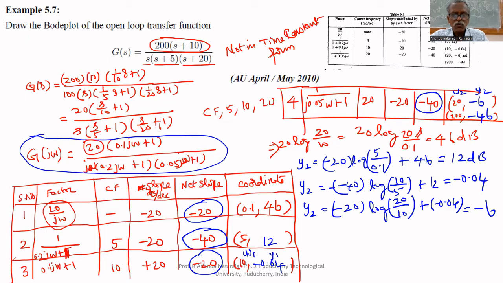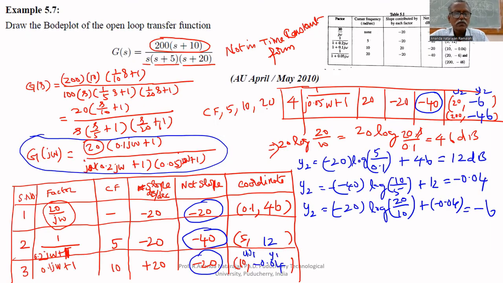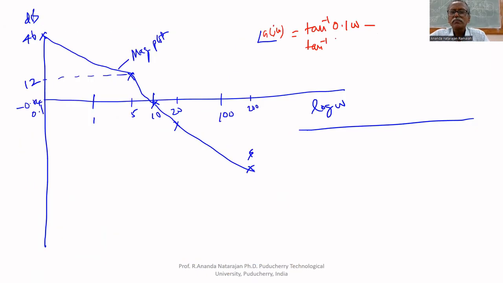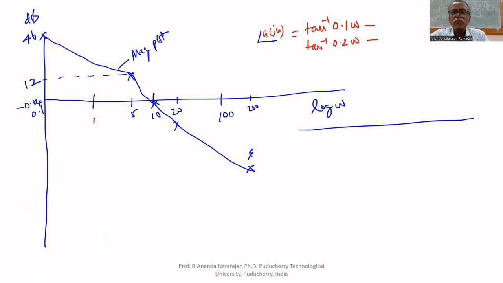Here tan inverse of 0.1 omega by 1, tan inverse of positive 0.1 omega, minus tan inverse of 0.2 omega, minus tan inverse of 0.05 omega, minus 90 degree.